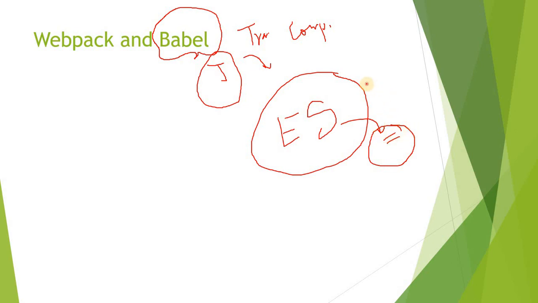There are different versions of ECMAScript: 1, 2, 3, 4, 5, 6 till ECMAScript 10. Up to ECMAScript 5, the browser can easily understand the code.